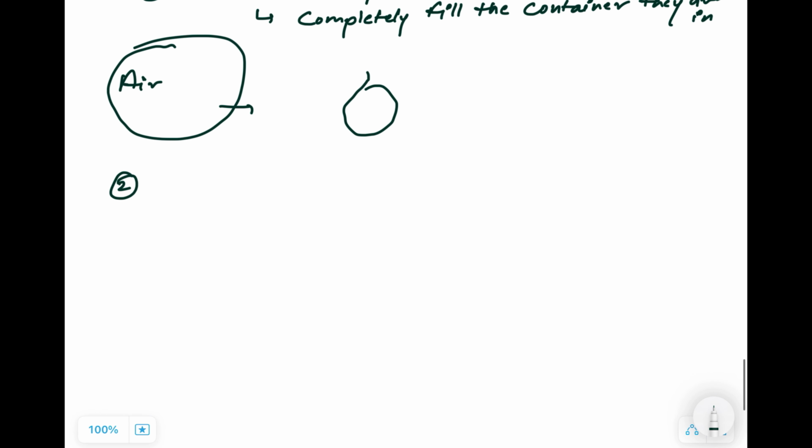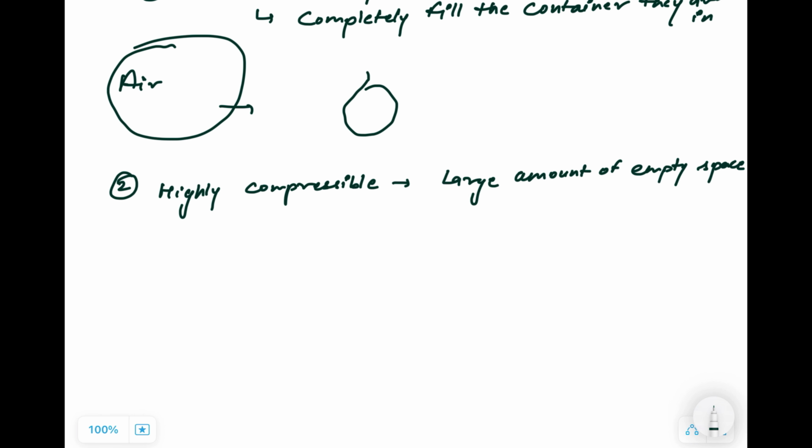The second property of gases is that gases are highly compressible, and the reason behind this is that gases have a large amount of empty space. So LPG cylinders, oxygen cylinders and deodorant cans contain compressed gas.